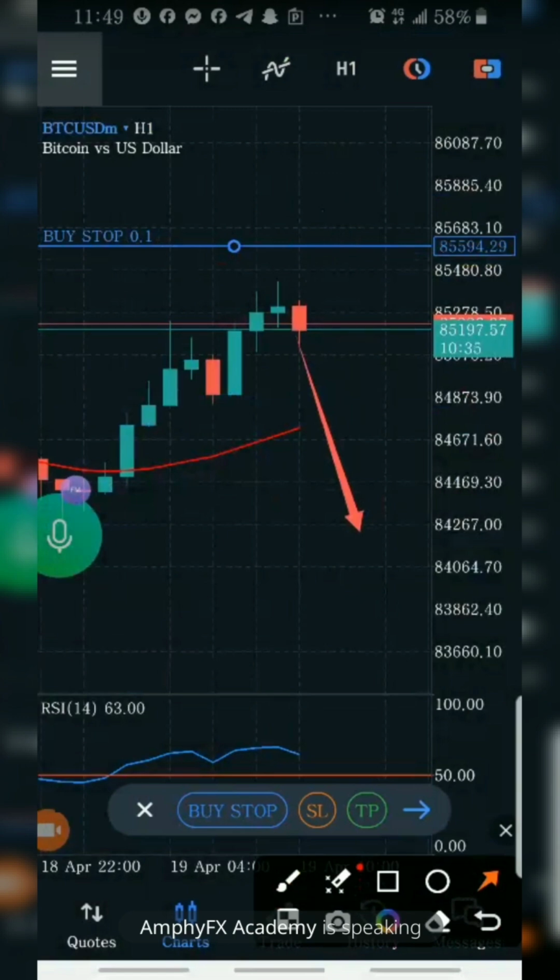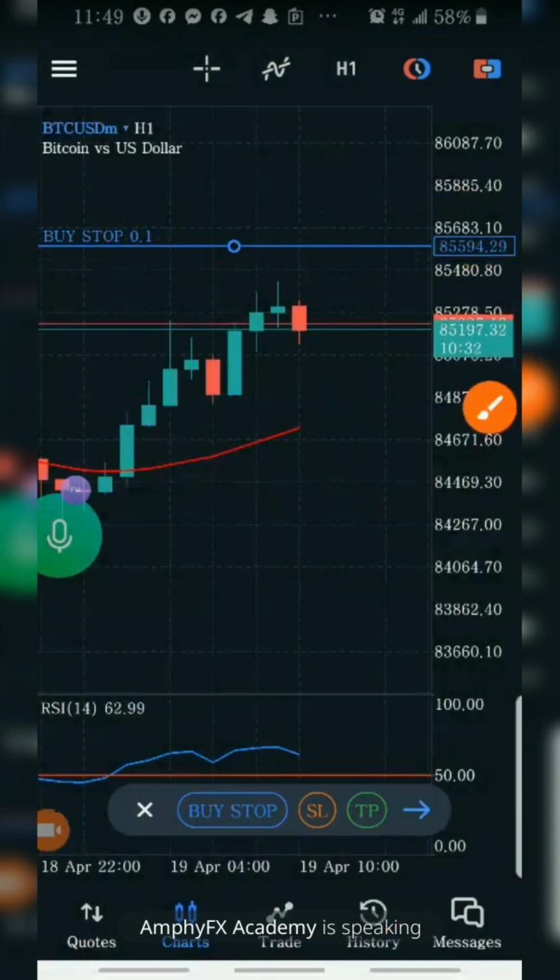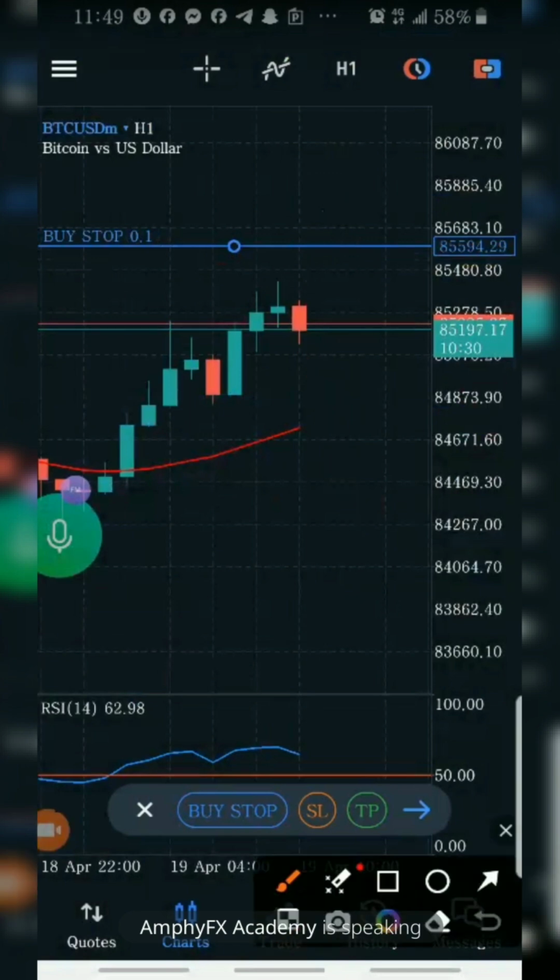Since I'll be very busy, I'll place my buy stop here, set my SL and my TP. I don't even have to look at it. Automatically, when the market gets there, it will execute my order. It will stop and pick me up. Are you getting it? Yes. So I don't even have to be on the chart. It will automatically pick me up because I've done my analysis and I've set it.